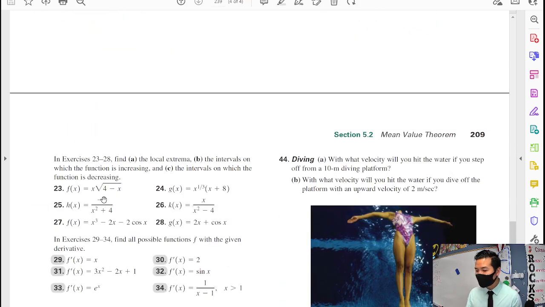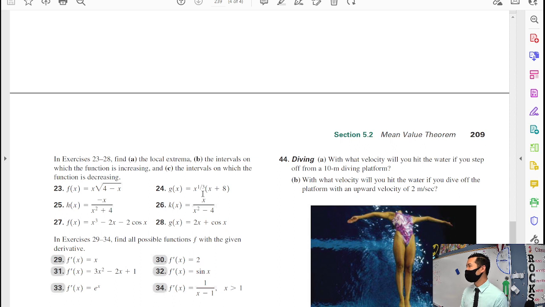So on 24, it says to find the local extrema, find the intervals where the function's increasing, and find the intervals where the function's decreasing. Part B and part C is what I'm going to talk about today. But for local extremas, you're just going to have to find the derivative, set it equal to 0, so you can find the critical points. The critical points are where the function is going to change from increasing to decreasing.